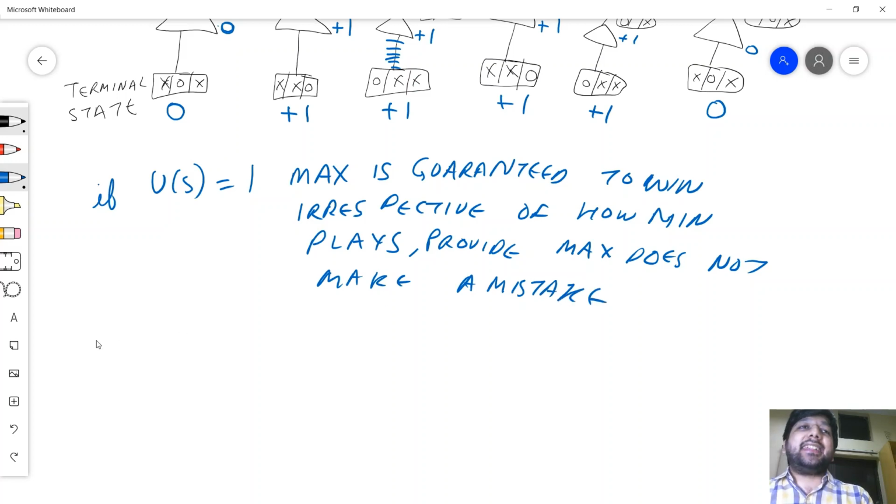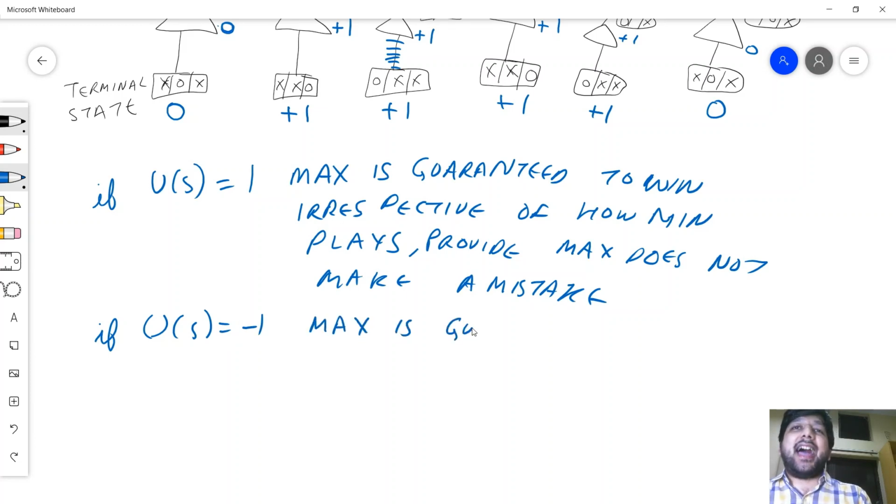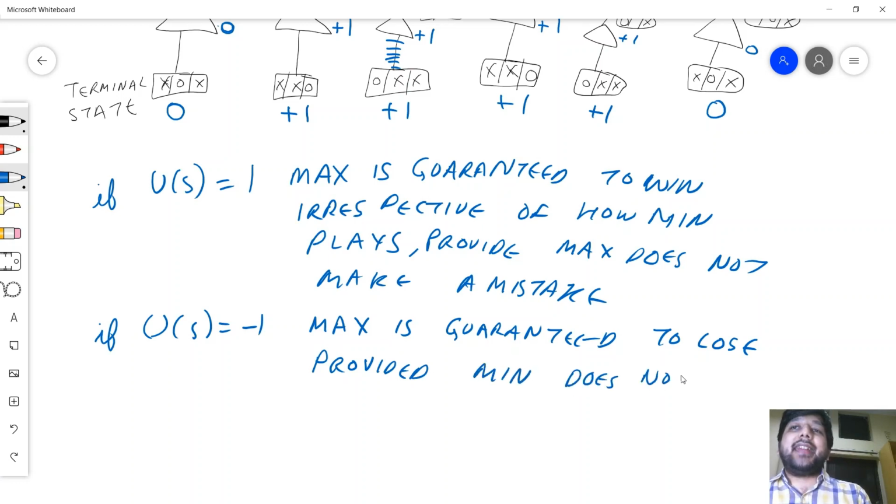On the other hand, if for this particular game the utility is equal to -1, it means Max is guaranteed to lose, provided Min does not make a mistake.